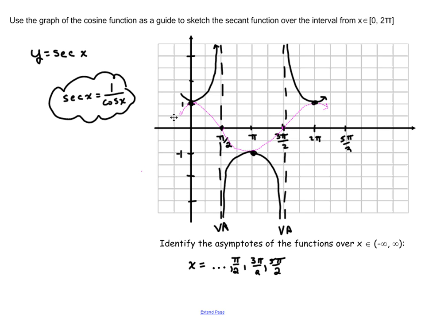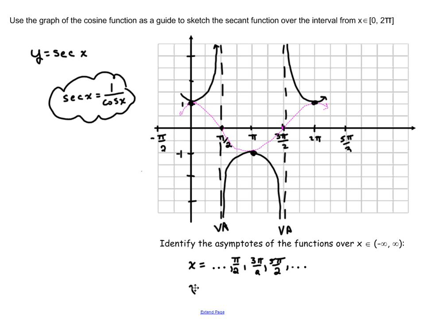And if we went off to the left, we'd be at negative pi over 2 for another vertical asymptote. So what's happening here? Well, the pattern here is slightly different, but you see what's going on. Pi over 2, 3 pi over 2, 5 pi over 2, 7 pi over 2 to be next, 9 pi over 2, and so on.